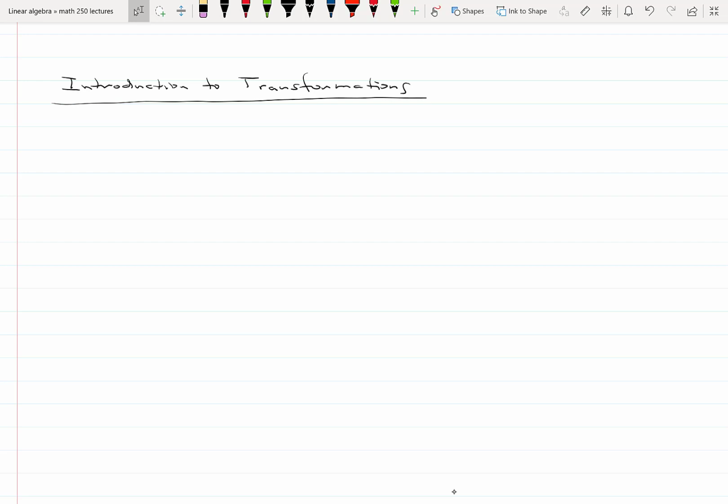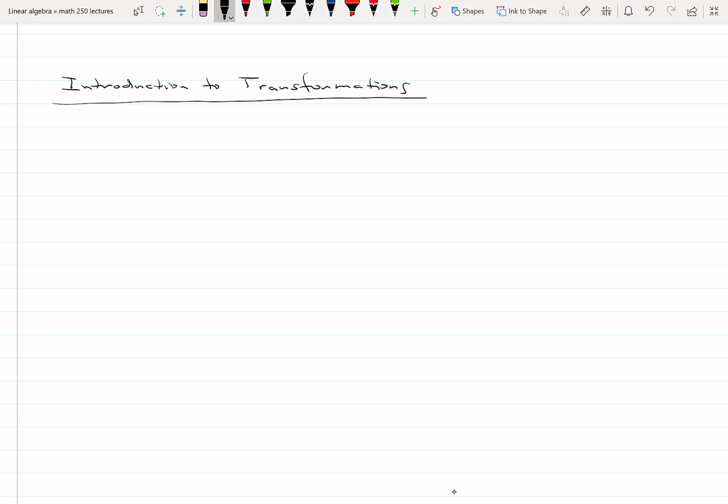You've studied a couple of kinds of transformations before this course. If you had Calc 3, you've studied at least 2 or 3 kinds of transformations. If you haven't had Calc 3 yet, then you've studied a kind of transformation. Don't panic about this notation.